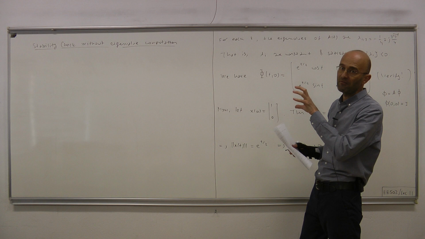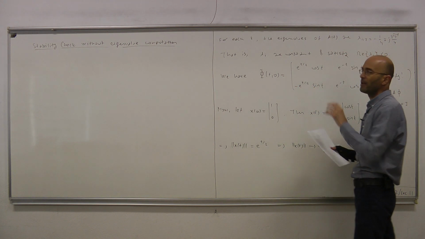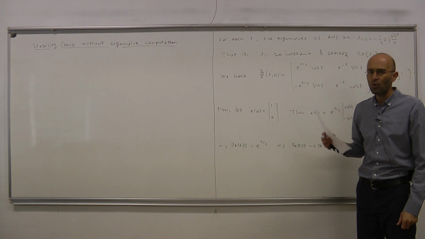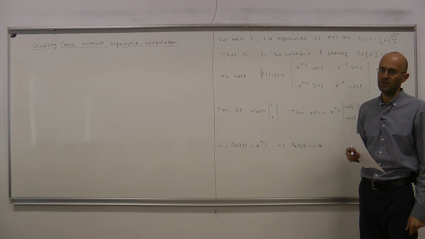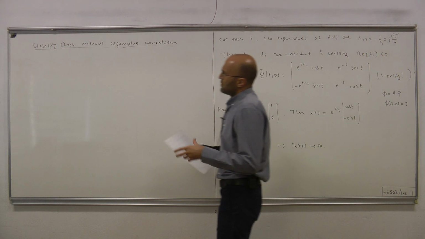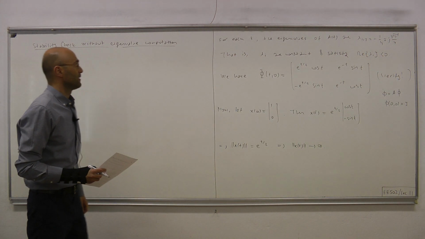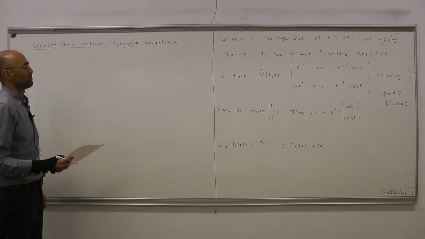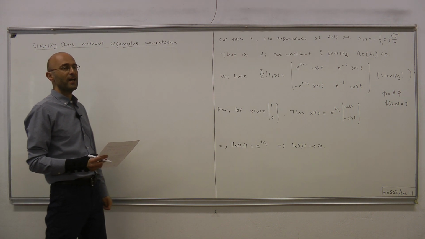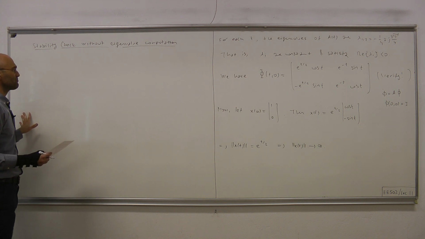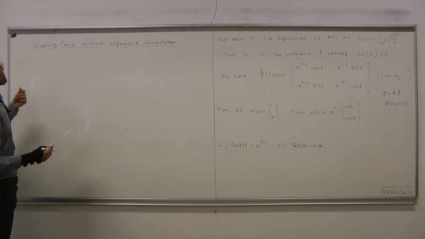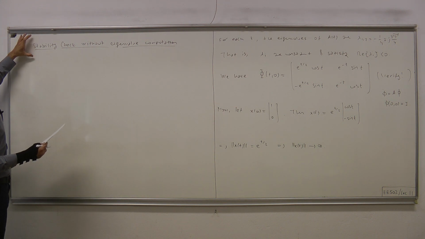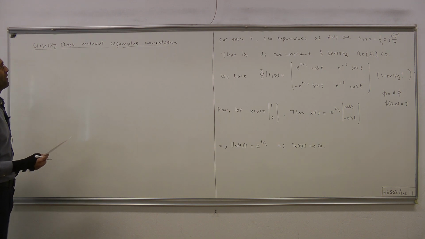So by checking the eigenvalues, you can say for sure what the qualitative behavior of the system is. Since it's a very reliable, very good, and in most cases easy check for stability, it's worth thinking about why we would need other methods.